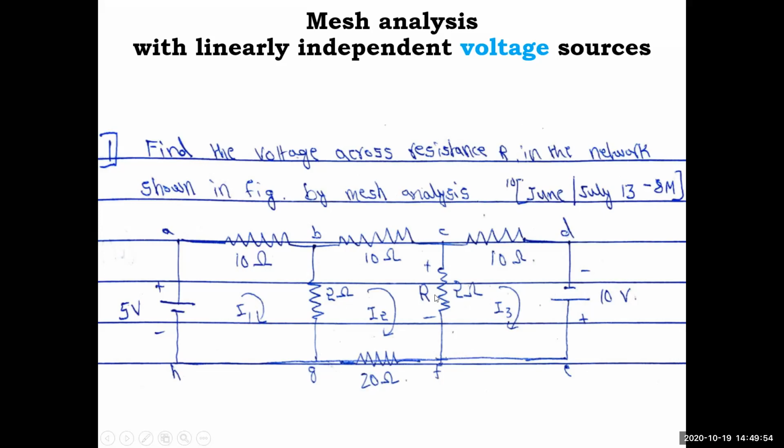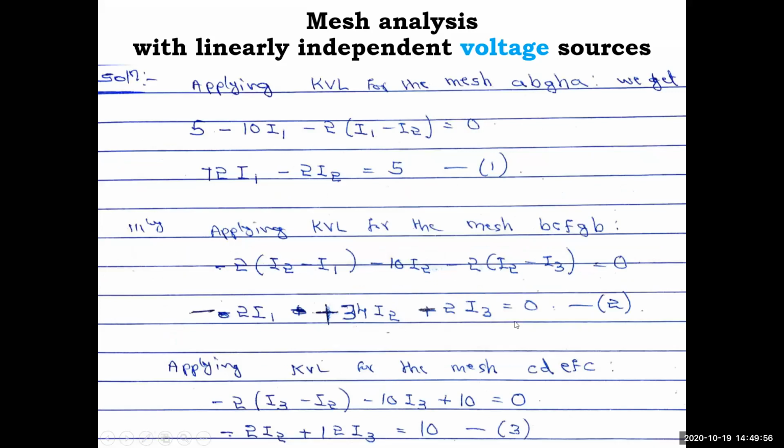So there is no voltage. See just the equation, so you can decide which one you feel better. In some cases this will be easy, in some cases Kirchhoff's voltage law is easy. We'll see the problem, so you will decide. Next, the third equation, same way. So mesh, we have given name. So minus 2 (I3 minus I2), there is no I1 term here, so 0, because there is nothing common.